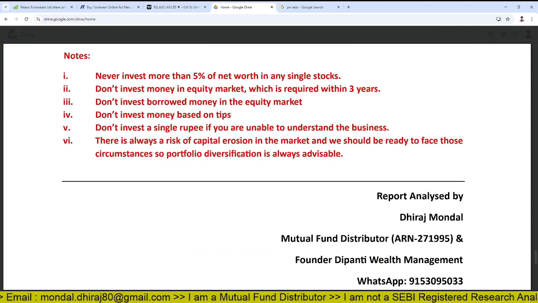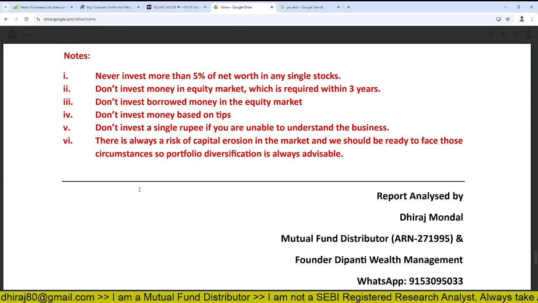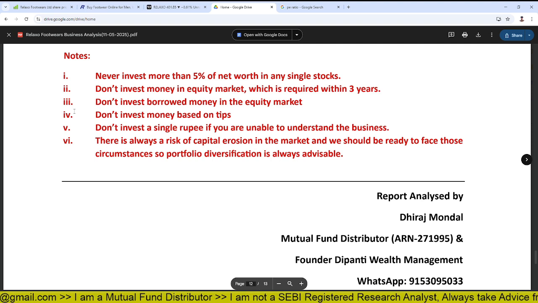But before investing, we should know these 6 points. Never invest more than 5% of net worth in any single stock. Don't invest money in the equity market which is required within 3 years. Don't invest borrowed money in the equity market.